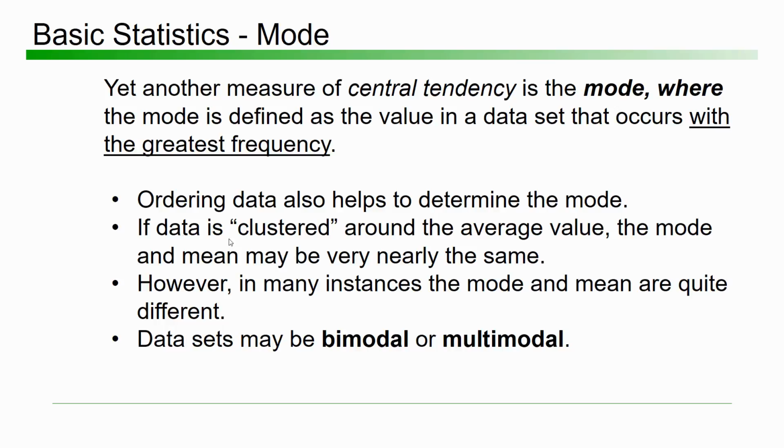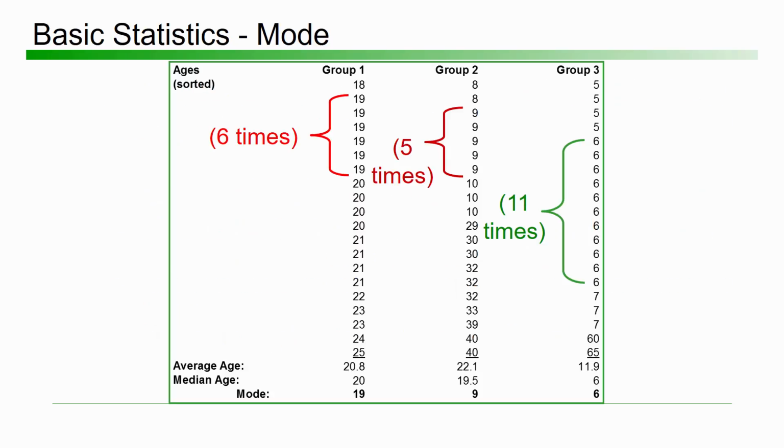So remember, I've already used the phrase bimodal to describe that group of people who were at the PTA meeting because there were some of the young students and some of the parents as well. So consider here where we've sorted the data from lowest to highest, and then we count to see which is the value that occurs most often.